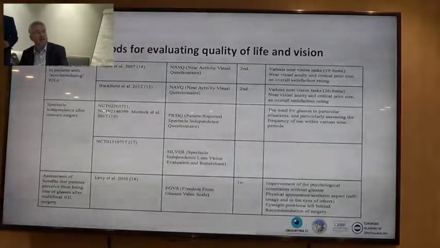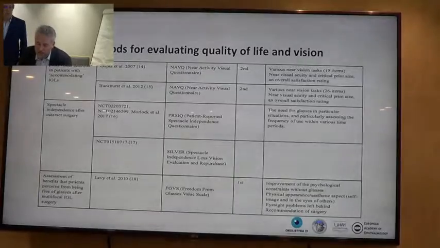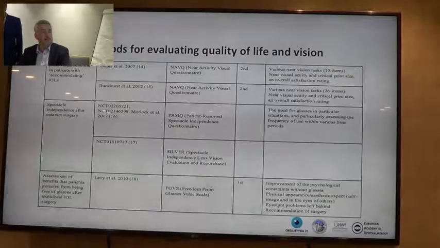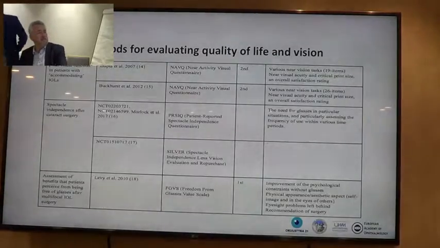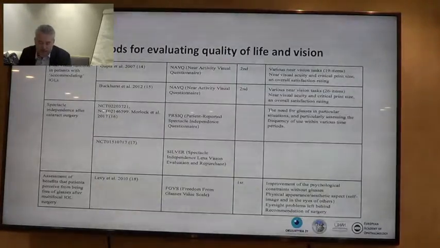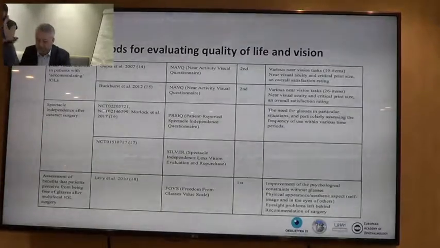Here we have two tests: the Patient-Reported Spectacle Independence Questionnaire and the Spectacle Independence Lens Vision Evaluation and Repurchase. And finally, we have tests which were prepared to assess benefits that patients perceive from being free of glasses after multifocal IOL surgery. The test entitled Freedom from Glasses Value Scale.